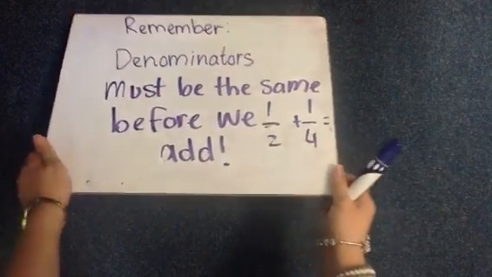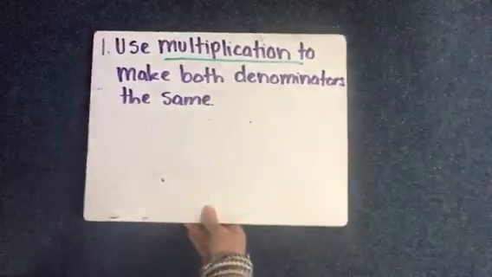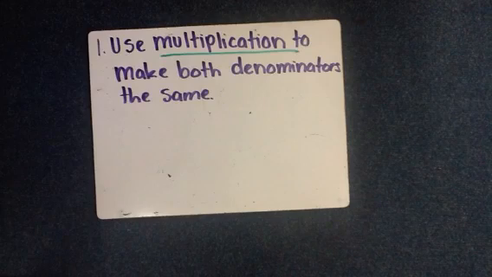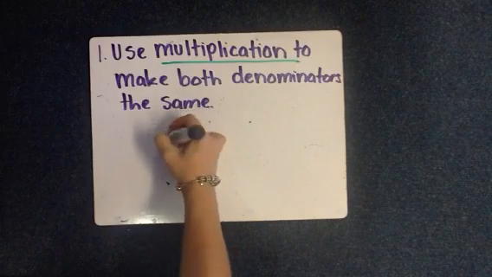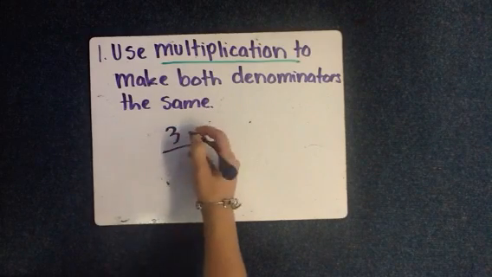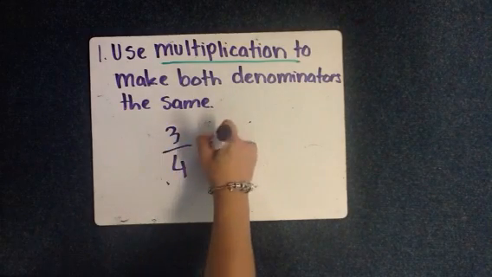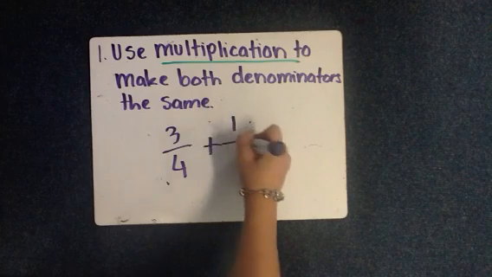There's 3 steps that we need to follow when we're adding fractions with related denominators. The first step is to use multiplication to make both denominators the same. Say we have 3/4 plus 1/8.